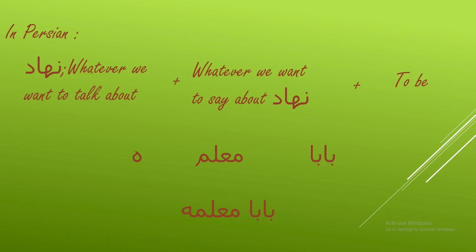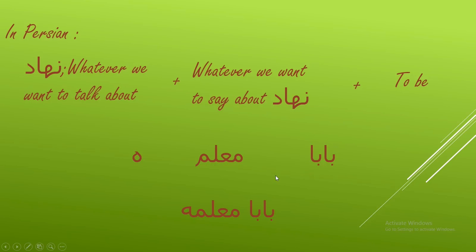Okay, once again I want to tell you, at first we use whatever we want to talk about. Here we want to talk about father. We want to say father is teacher. So we use father at first, which means baba.